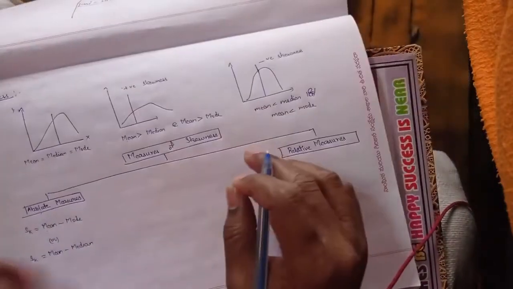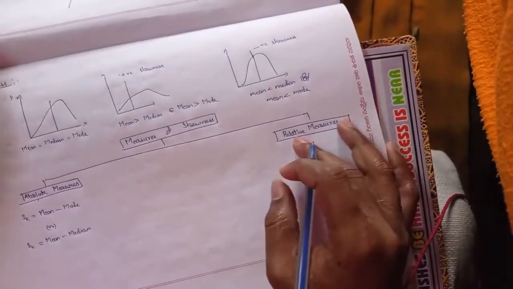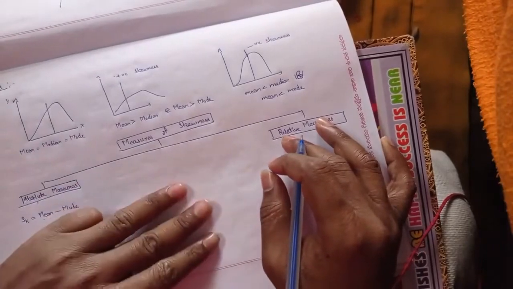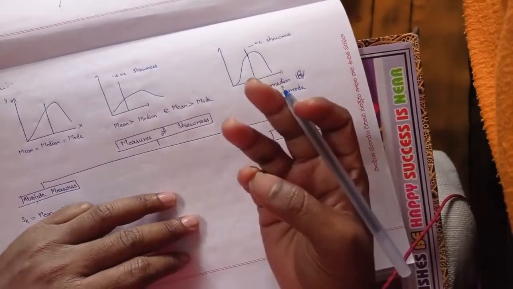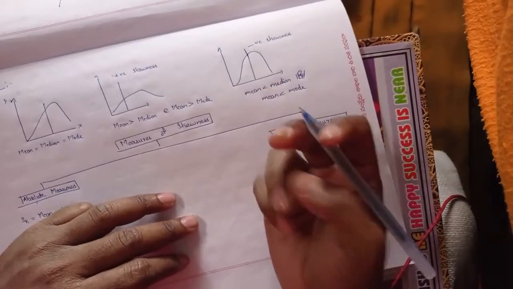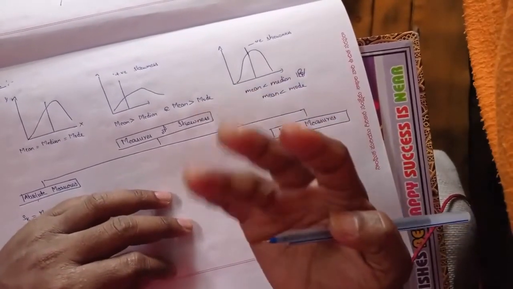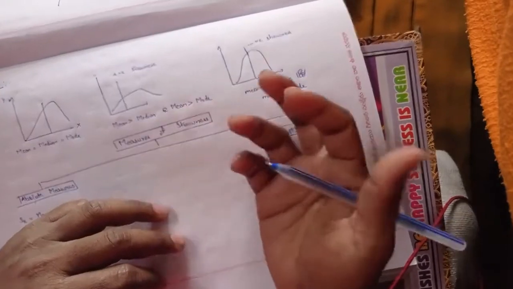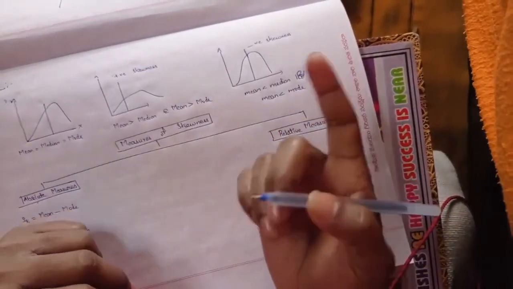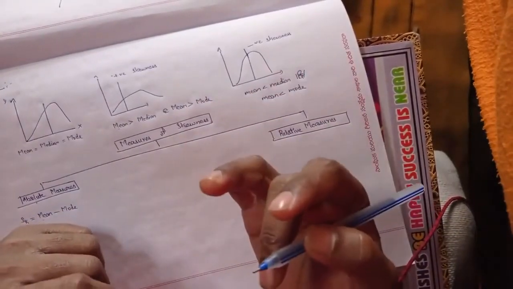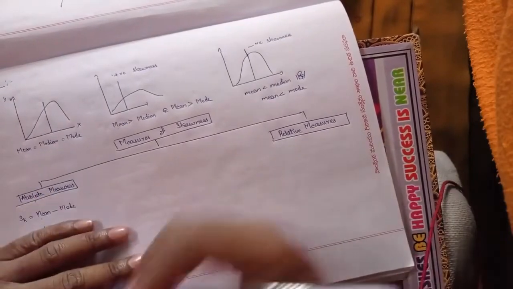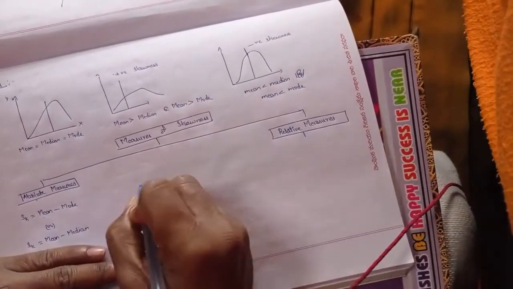The relative measures are classified into three types. One is Karl Pearson's coefficient of skewness, the second is Bowley's coefficient of skewness, and the third is the coefficient of skewness based on moments. We have seen Pearson's, but we didn't see Bowley's as well as the moments methods. We'll do those in further videos, so don't worry.